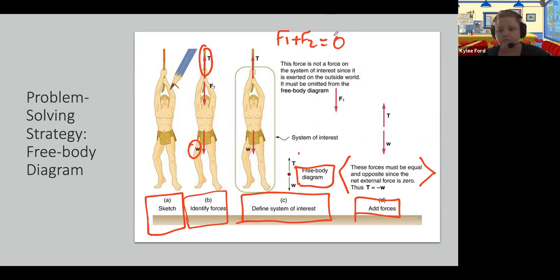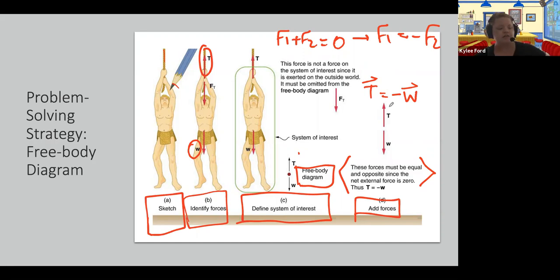Or our first force must be equal and opposite. So that's what we have here. Our tension is going to be equal and opposite to our weight. These should all have vectors because these are all vectors, right? They all have direction as well as magnitude. So that's the basic idea that we have here.